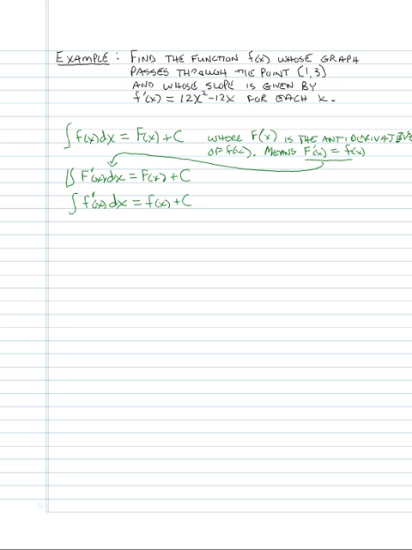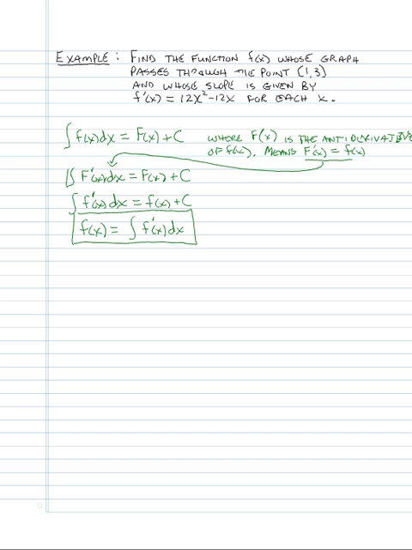Now, here's the piece of information we really need to use. If we want to find a function f of x, we need to undo the derivative. This is the piece of information we're actually going to use in problems like this. The integral is going to have a constant associated with it.